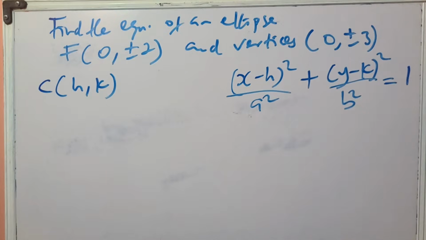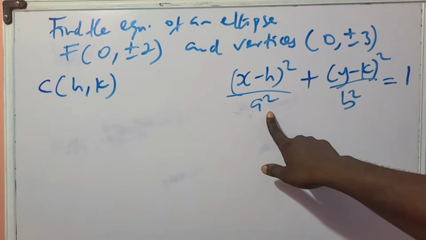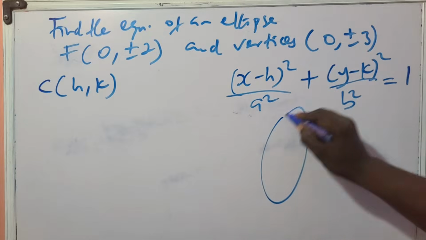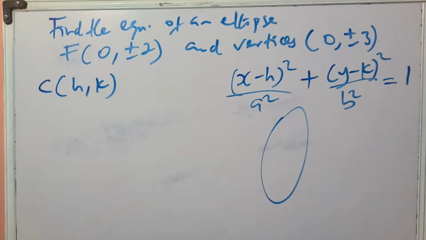Now, I told you already that a squared is actually the longer side. If you remember the whole theory around that, a squared is always the longer side. And when you're dealing with an ellipse, you can have an ellipse like this.